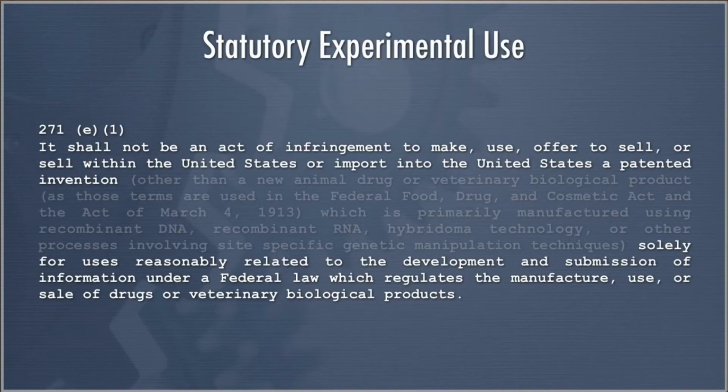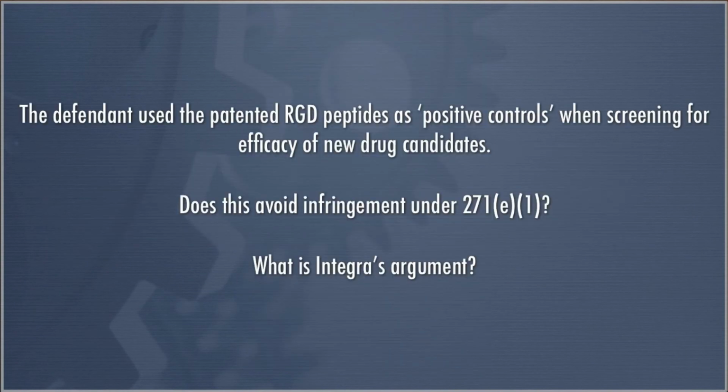So looking back at 271(e)(1), is this use of the patented invention as a control for screening for safety and efficacy reasonably related to the development and submission of information under federal law which regulates the manufacture, use, or sale of drugs under the FDA approval process, right? And what Integra says, of course, is that this does not fall within 271(e)(1), right?